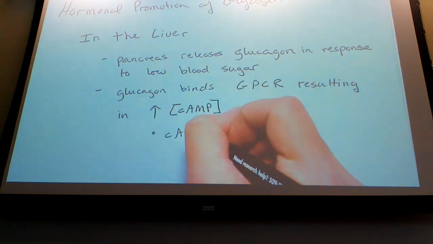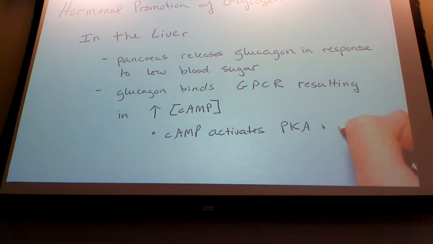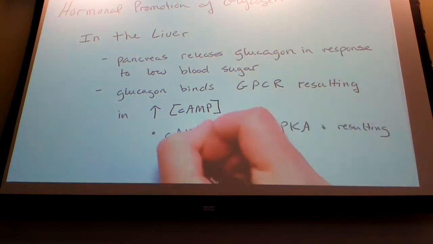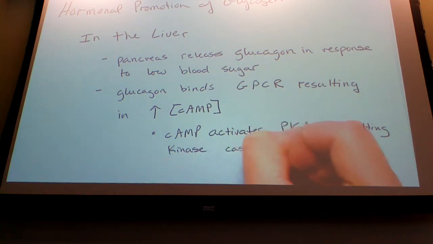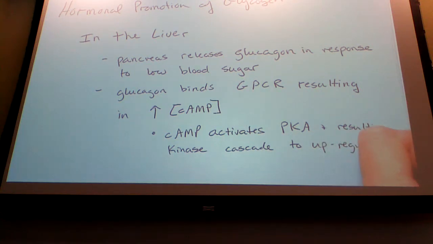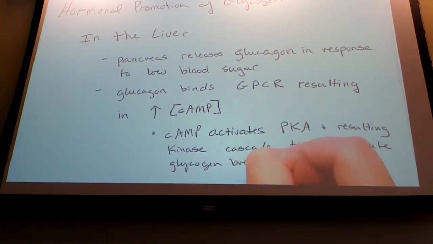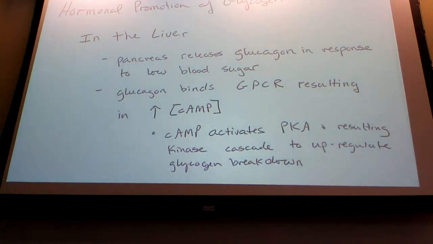And then cyclic AMP activates PKA, and the resulting kinase cascade upregulates glycogen breakdown. Okay, low blood sugar. I need more glucose in my blood, so we're going to break down the glycogen in the liver. The liver does a lot of things for us, but a big one is just maintaining blood glucose levels.